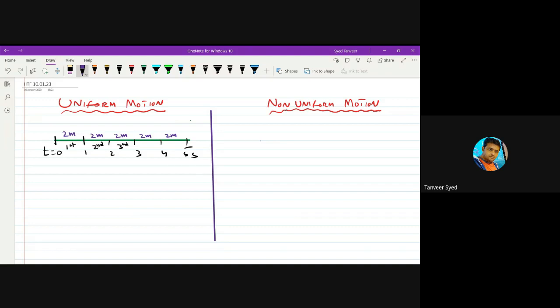If the body is moving in this way, covering equal distances in equal intervals of time, then you say the body is in uniform motion. So, in uniform motion, the body covers equal distances in equal intervals of time.